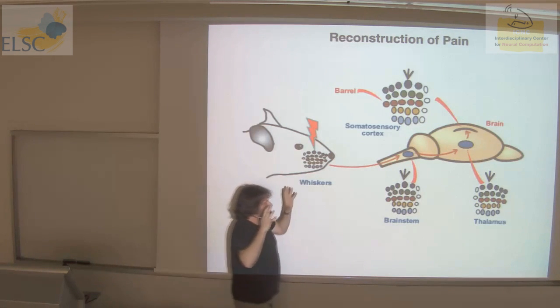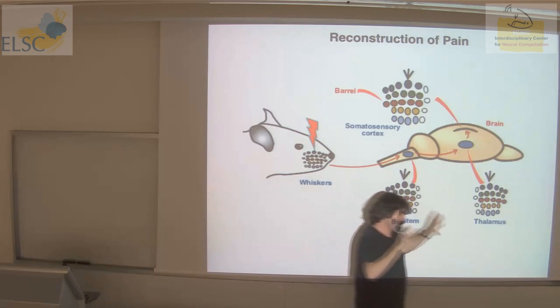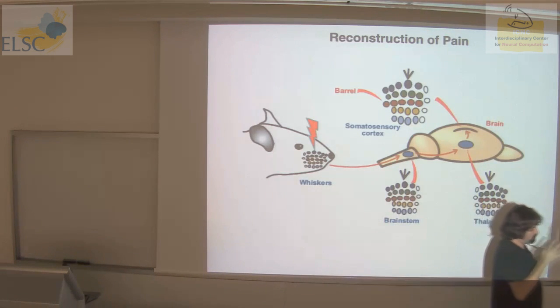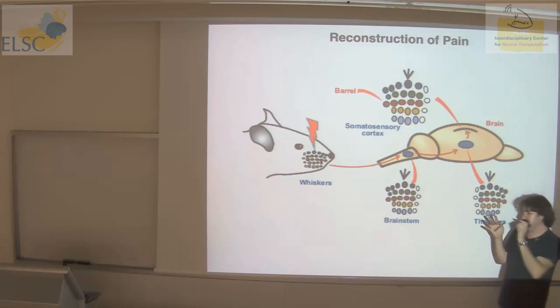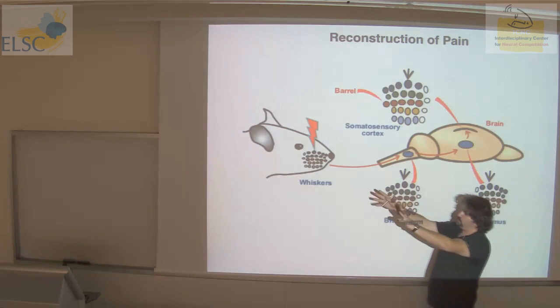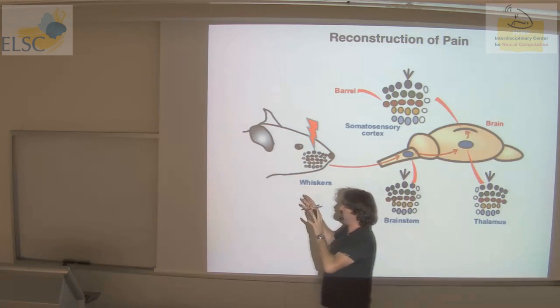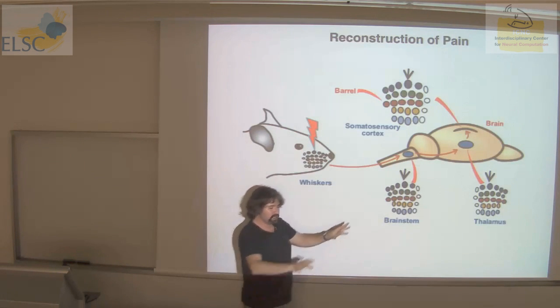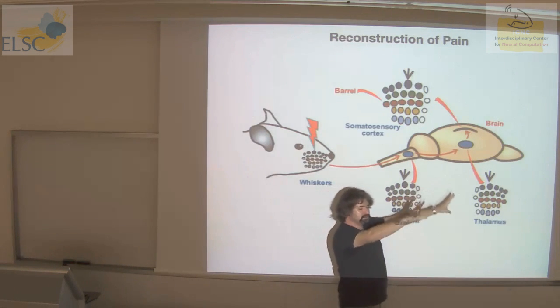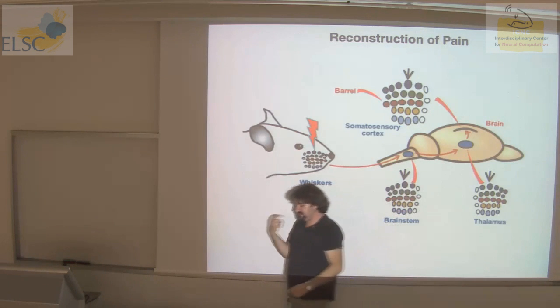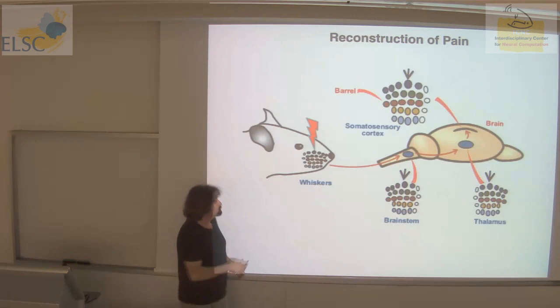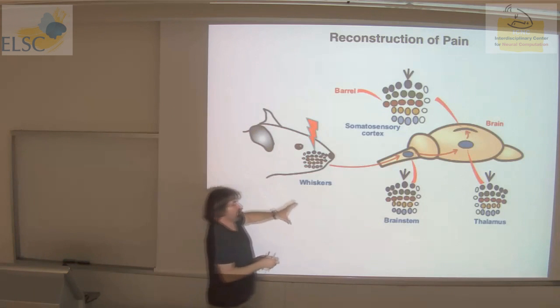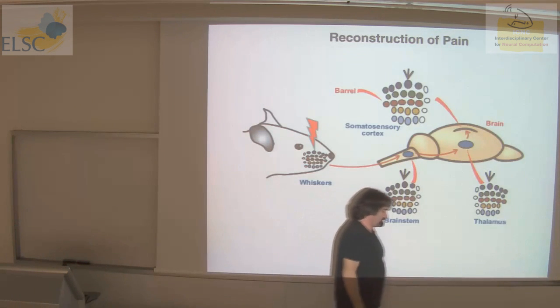So basically, a rodent can see with the whiskers. What the rodent is doing is protruding the whiskers toward the environment and searching with them, very similar to us when we enter a room with our eyes shut. We produce a search. So this is exactly the same pattern that the rodent will do with the whiskers. So this mapping allows very high-level tasks.